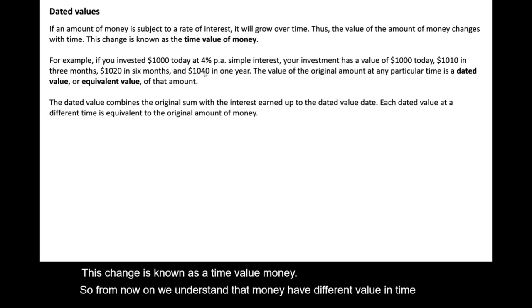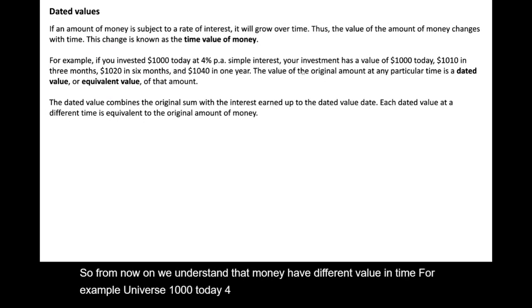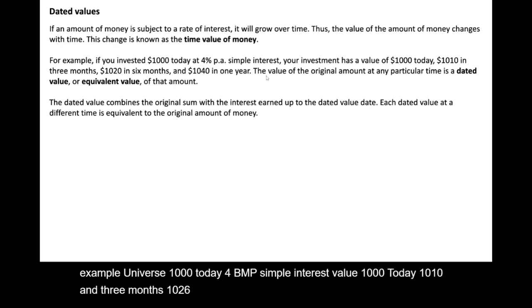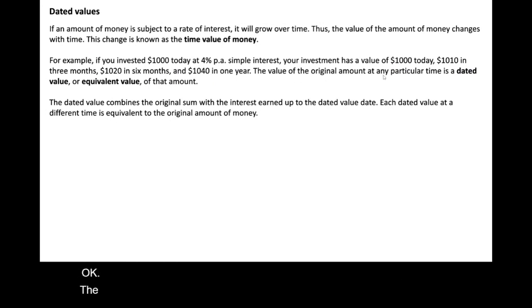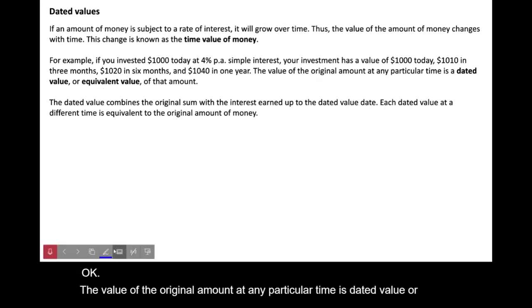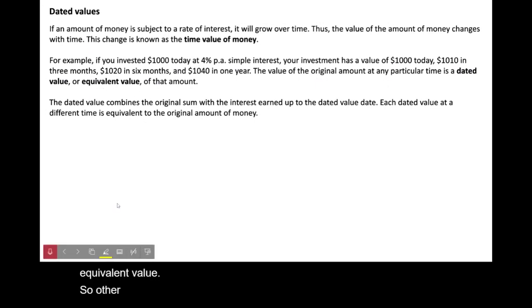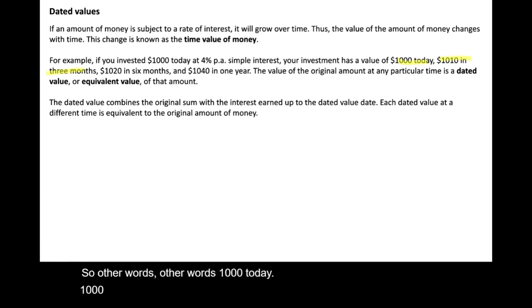For example, you invest 1,000 today at 4% PA simple interest. The value is 1,000 today, 1,010 in 3 months, 1,020 in 6 months, 1,040 in 1 year. Okay, the value of the original amount at any particular time is the dated value or equivalent value. In other words, 1,000 today, 1,010 in 3 months, 1,020 in 6 months, and 1,040 in 1 year are equivalent values.